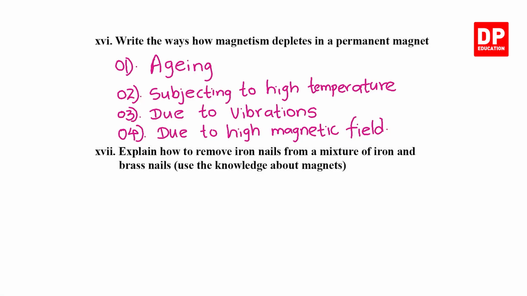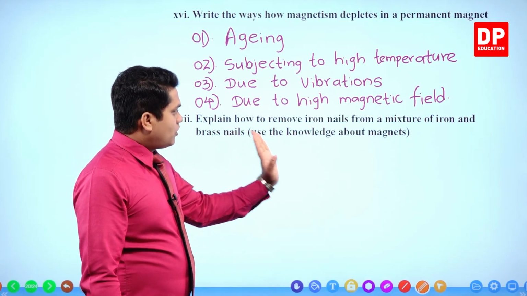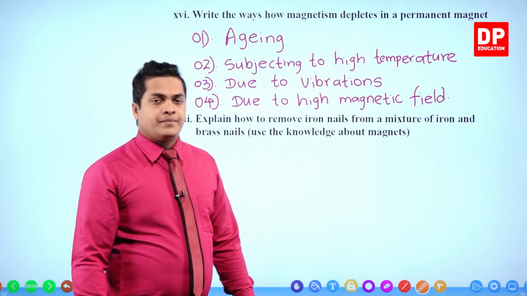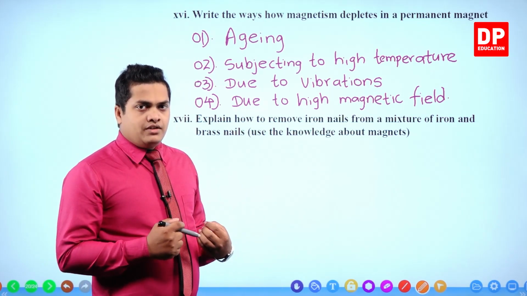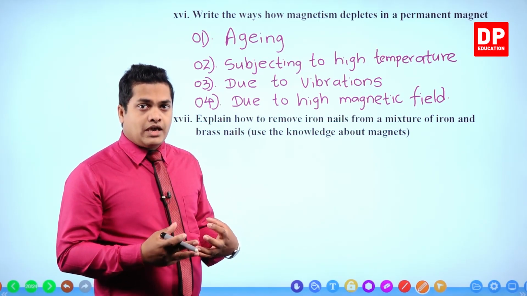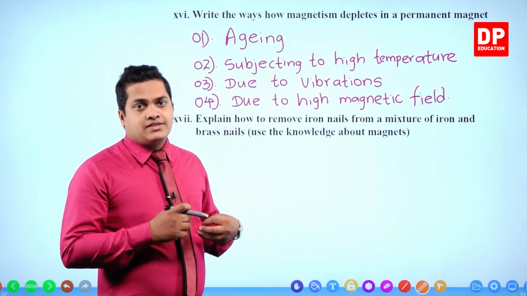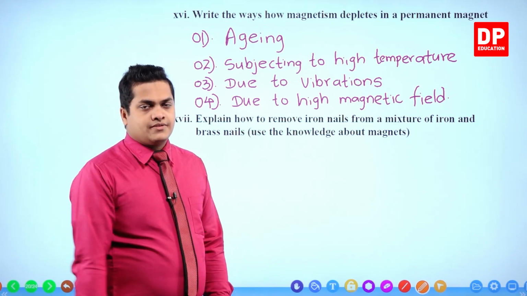So the next question: explain how to remove iron nails from a mixture of iron and brass nails. Within brackets you are given, use the knowledge about magnets. Now, brass is actually not a metal, it's an alloy. Alloy means brass is created by mixing two different kinds of metals.